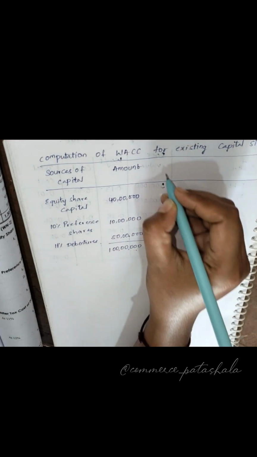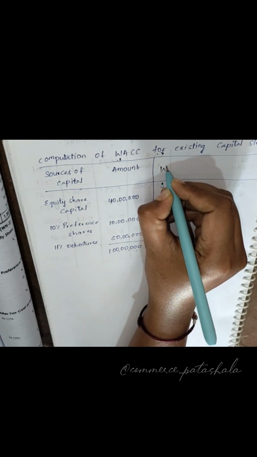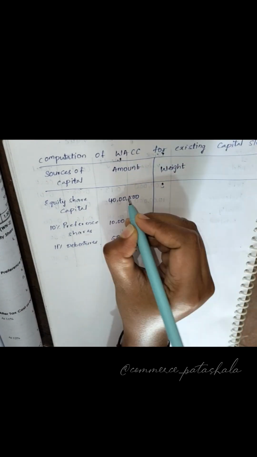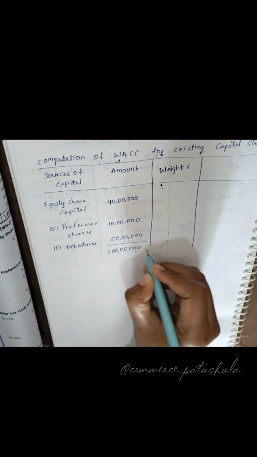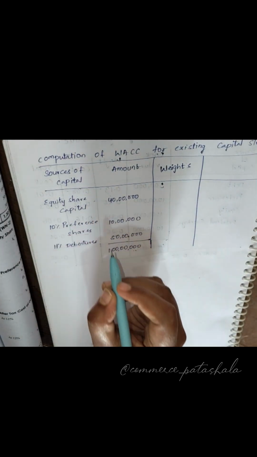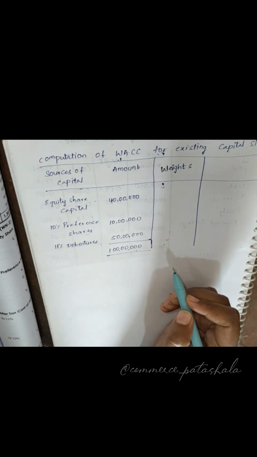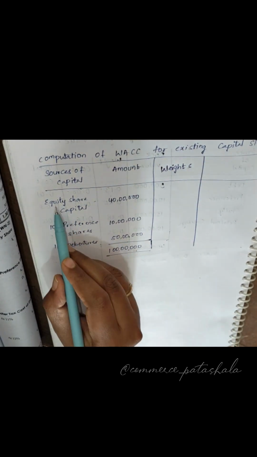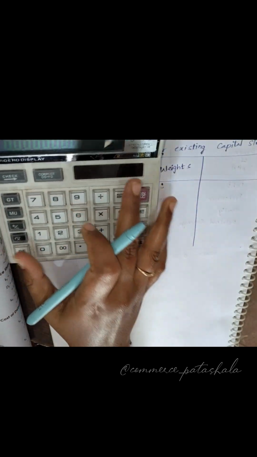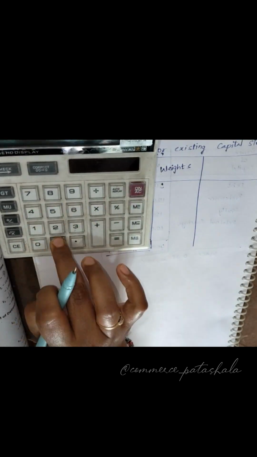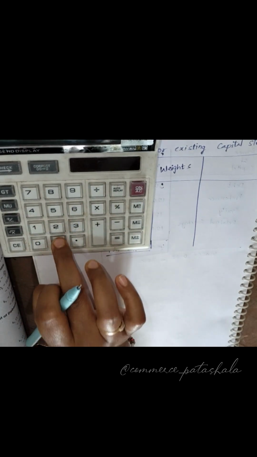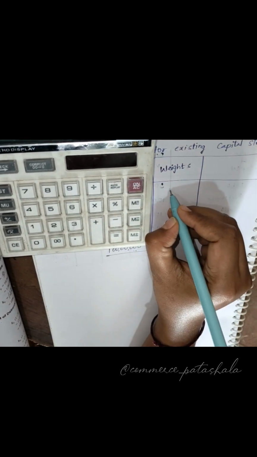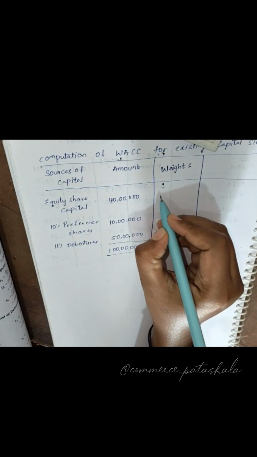Now we need to calculate the weights. As we already learnt in the previous question, the weight is how much the equity share capital is contributing towards the whole capital of the company. Just calculate the weight: 40 lakhs divided by 1 crore will give you 0.4.